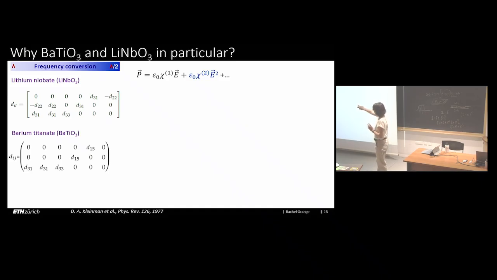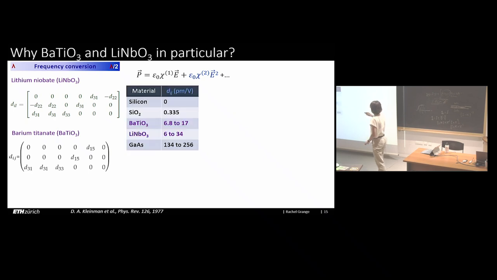The tensor of lithium niobate is on top, the one of barium titanate there, and what you have is the strength of the tensor for lithium niobate, and also the component that you can reach with the laser that is impinging on the material.